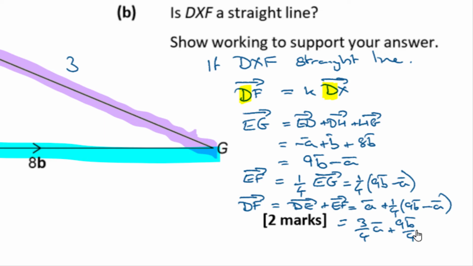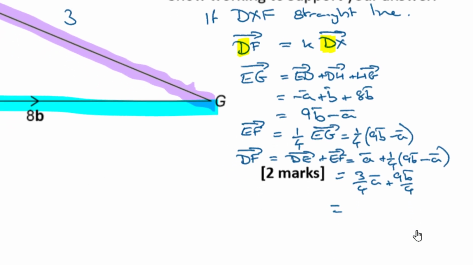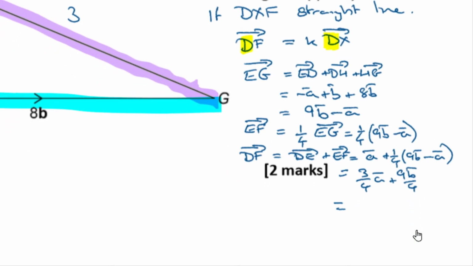Well, I can see already, if I factorize 3 out of that, then I should be onto a winner. I'm just going to move that up a little bit because otherwise I'm going to run out of space. So if I factorize a 3 out of those two terms, I'm going to get 3 lots of a quarter of a plus 3/4 of b.